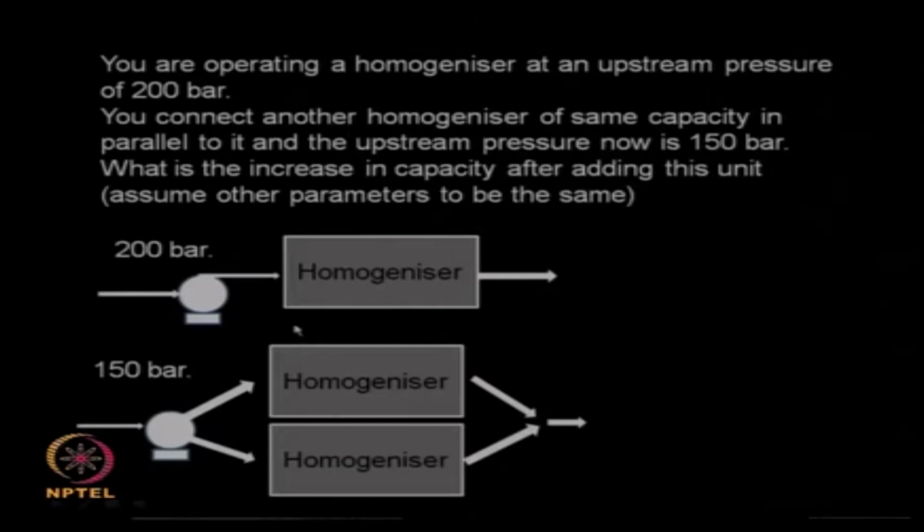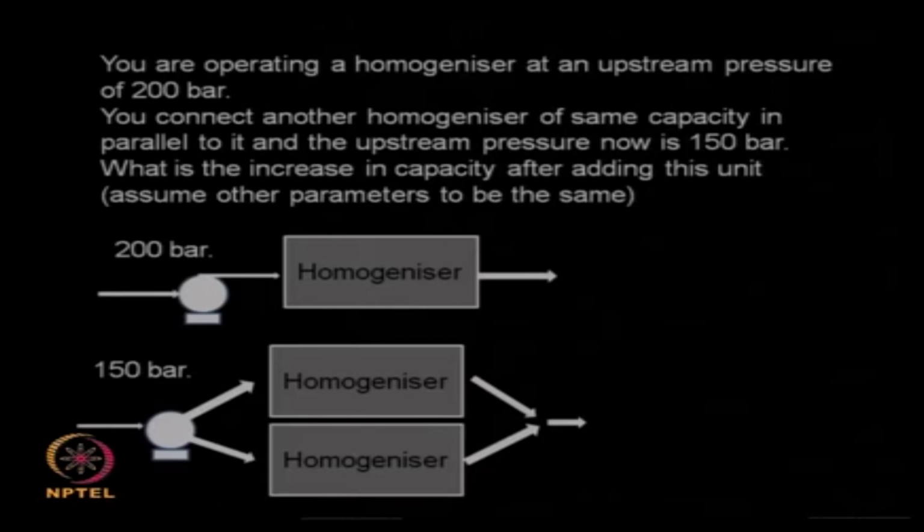Now what will be the increased capacity after adding this homogenizer in parallel? We have not changed the pump, we have just added one homogenizer, and because of that the pressure has gone down. So capacity is going to increase, but definitely it might not be double, because the pressure has gone down, right.